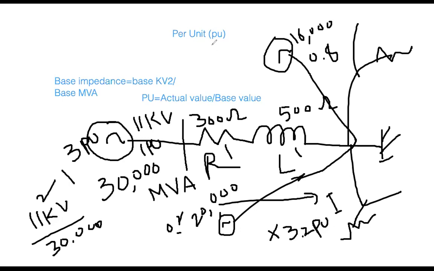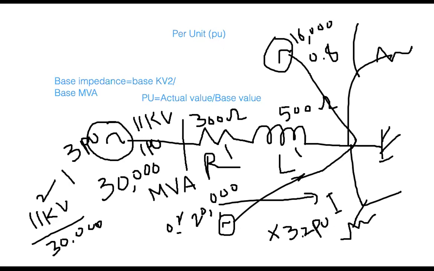Everything is per unit, just a number. Do you understand what I am saying? Everybody, could you follow me? Yes, it's just a number. Like 1 per unit means 1.5, just a number. That is called the per unit.